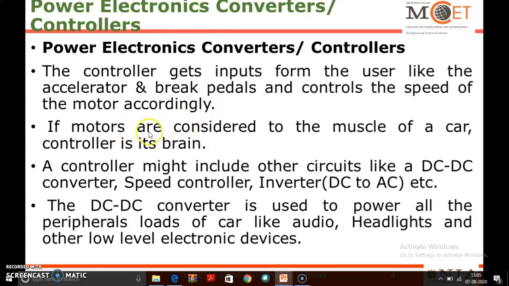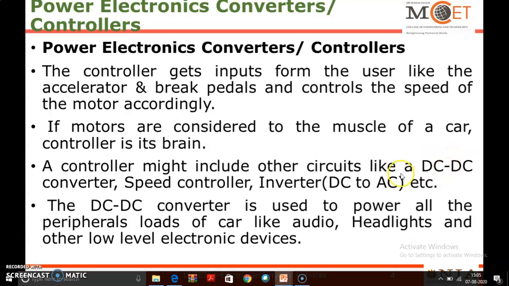Suppose the motor is considered to be the muscle of the electric car, and the power electronic converter system or controller system is considered to be the brain of the electric car. Then a controller may be of the DC to DC type, which is said to be a chopper, and which is used to power up the peripheral devices of the electric car, like the audio system, headlight system and all other peripheral devices.